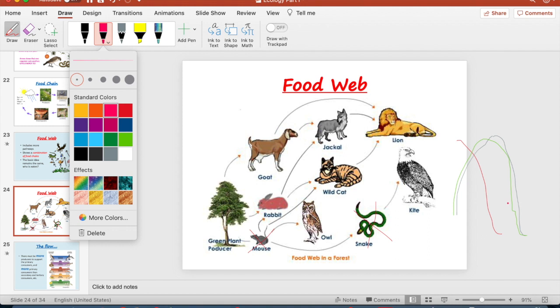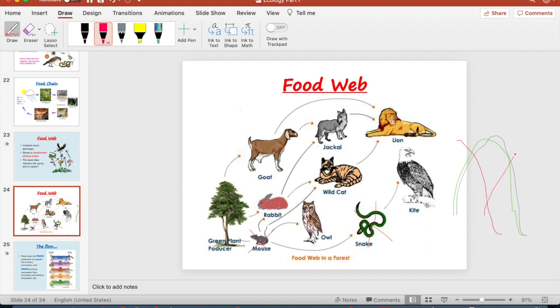Big bird. Let's give him pink. He was probably up here somewhere still, rising, rising, rising. Well, now that the snakes fell, their only source of food, their population is going to go down. And only if the mice come back can we then have owls again, snakes, and kite. And so if one thing is removed or if one thing is added, it's going to change the whole population.